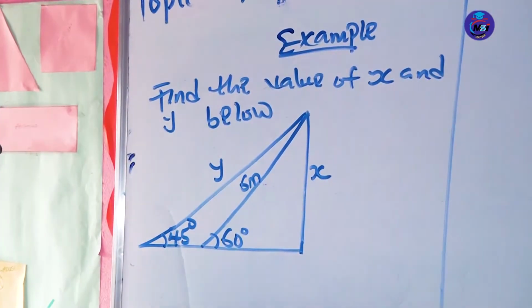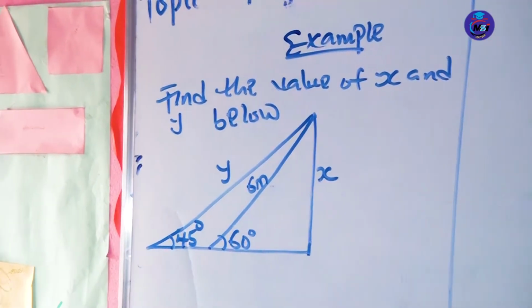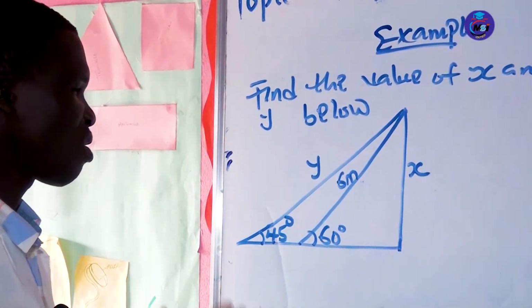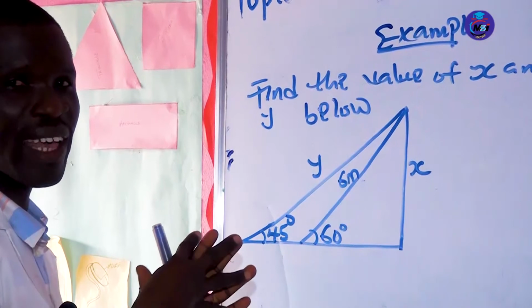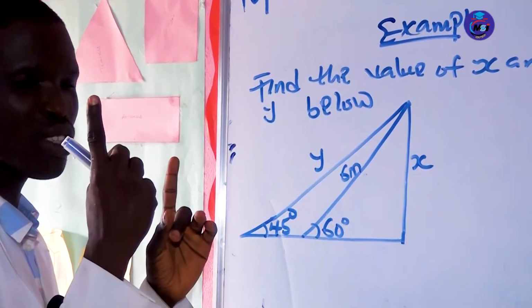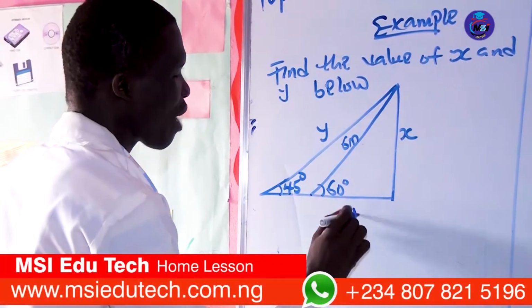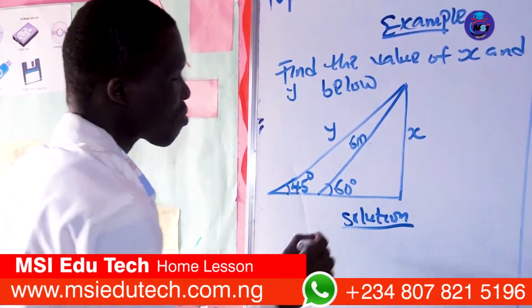Let's look at this question. Find the value of x and y below. We have two shapes put together to form one shape. So what are we going to do? Let's solve it together. We have to reason very well here.